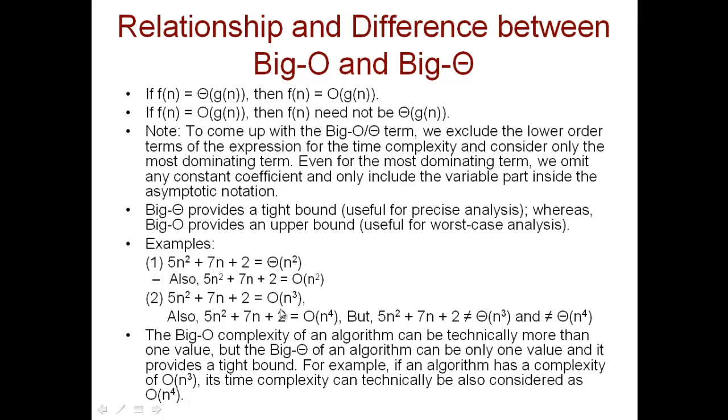Now how about the reverse? If some f of n is big O of g of n, can we say f of n is also theta of g of n? The answer is it need not be. It depends on what are the two functions f of n and g of n.